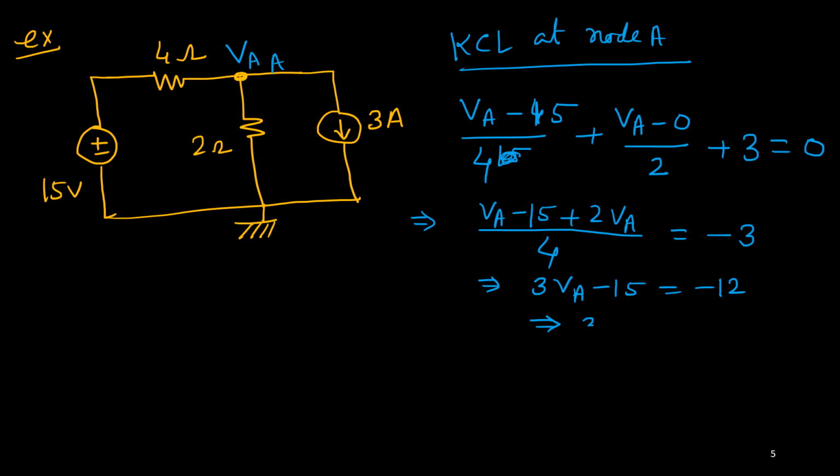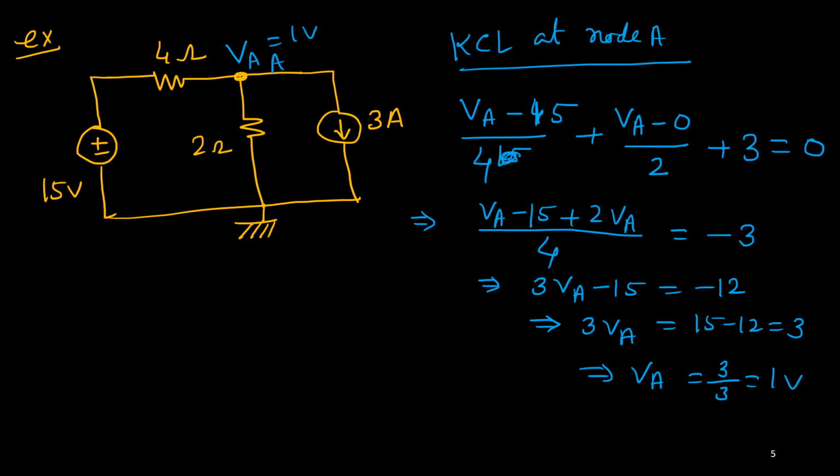That implies 3 VA equals 15 minus 12, equal to 3. That means VA equals 3 by 3, equal to 1 volt. So we have got this equal to 1 volt.